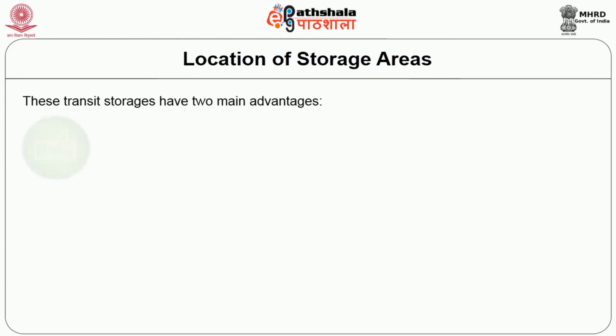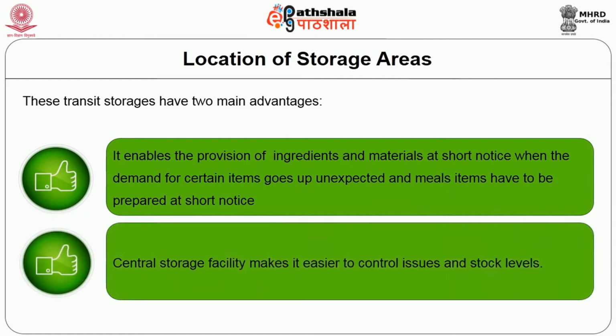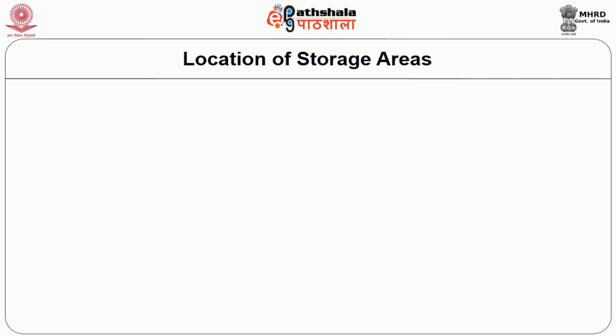These transit storages have two main advantages. Firstly, it enables the provision of ingredients and materials at a short notice when the demand for certain items goes up unexpectedly and meal items have to be prepared at short notice. And secondly, central storage facility makes it easier to control issues and stock levels.